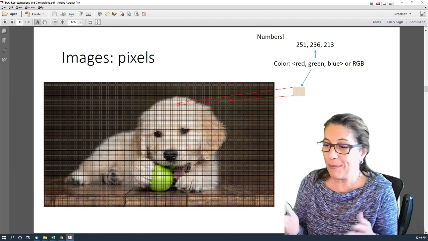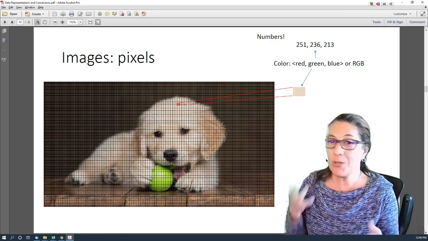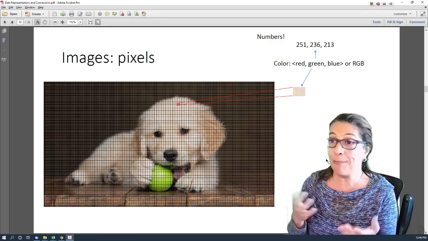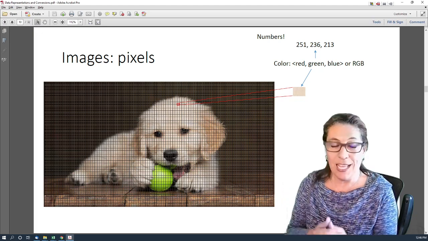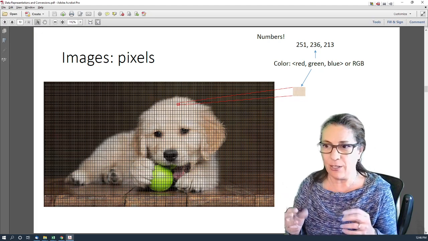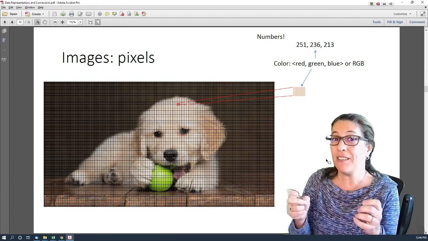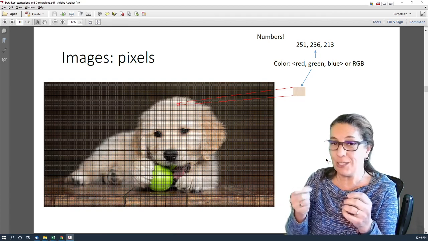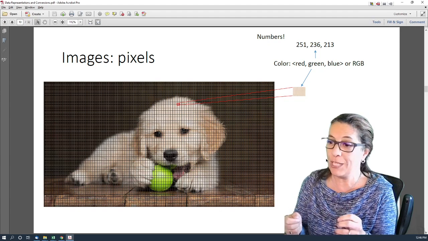If you think about purple, for example, purple is going to be some combination of red and blue, right? Yellow, I think, is a combination of green and blue or something like that. I don't remember. But you can have many shades of yellow by altering the intensities of the green and the blue.